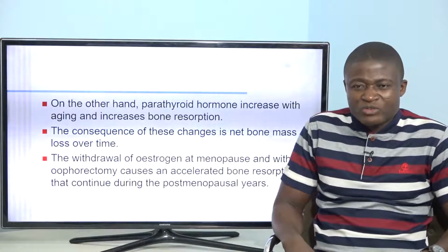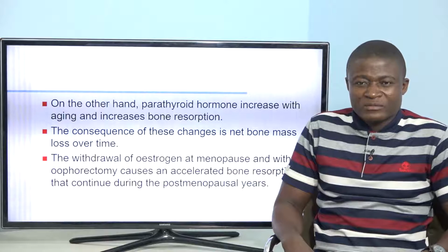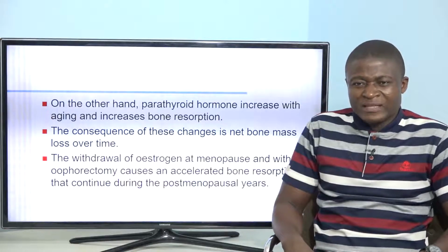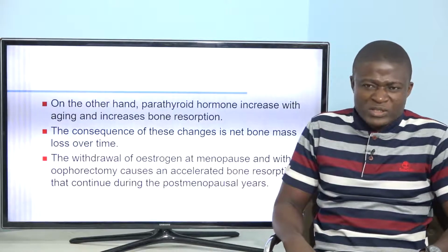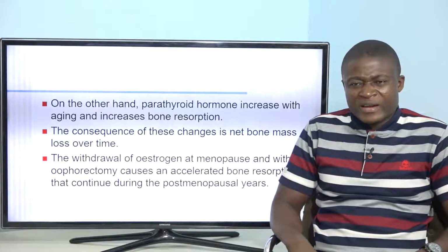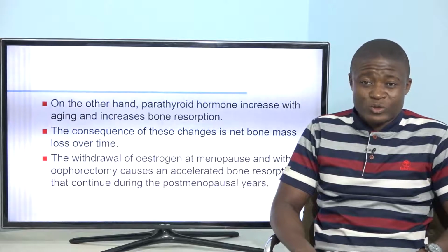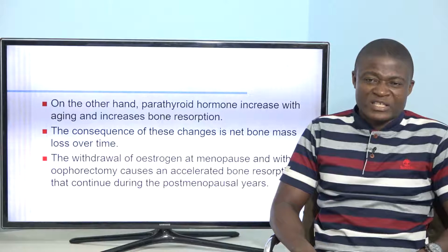The withdrawal of estrogen at menopause and with oophorectomy causes an accelerated bone resorption that continues during the postmenopausal years. So the reason why women develop osteoporosis the more is that apart from the calcitonin that was helping both men and women, they were also having a hormone called estrogen that was also helping them. But unfortunately, from 35 years, it starts to decline in productivity.